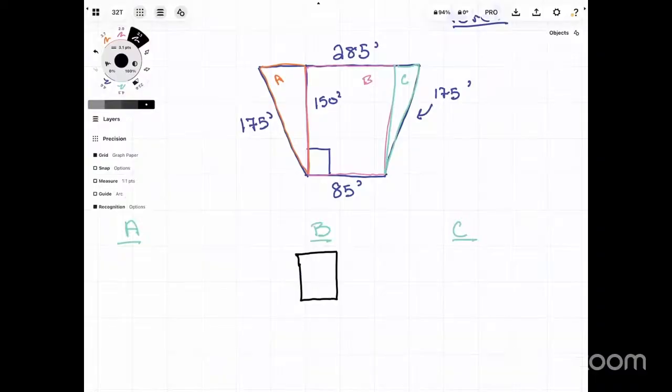It's 150 feet this way, and I know it's 85 feet this way. So 85 times 150 means it's 12,750 square feet. That's how big B is.